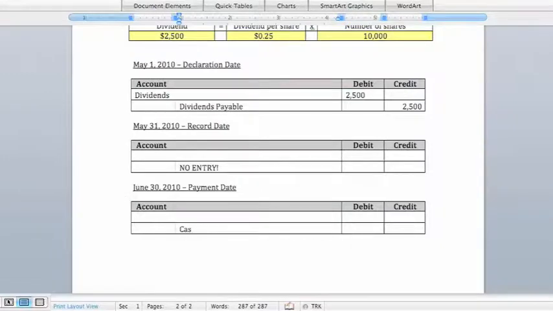And so we're going to have a credit to cash for the amount of the dividend, $2,500. And then we're going to be able to get rid of the payable, this obligation, because we don't have that obligation anymore. We have paid the dividends, so I'm going to debit dividends payable for the amount of the dividend, $2,500. And that's it.